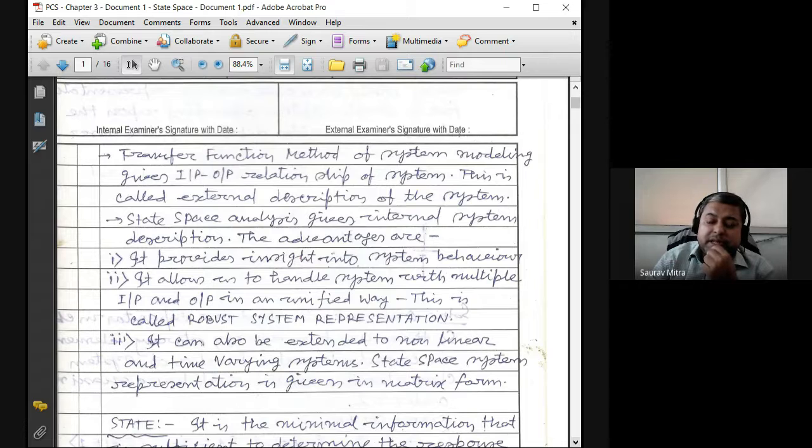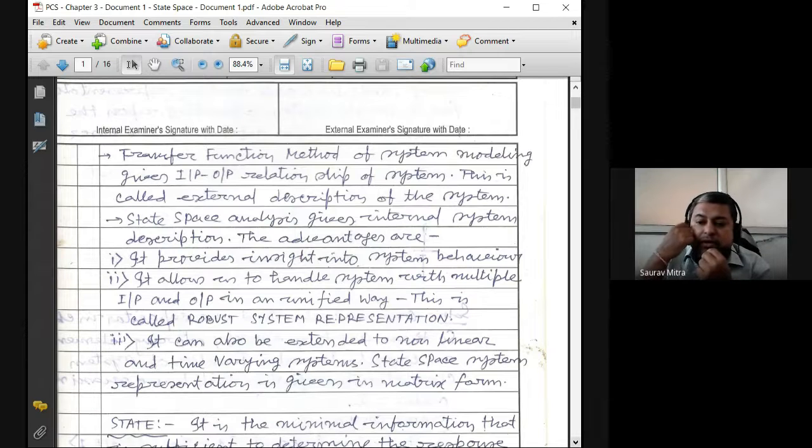One very important disadvantage of transfer function based system modeling is that it can only model when the initial conditions are 0. There is y(t), there is x(t). x(t) is input, y(t) is output. What is meant by initial condition? If you are talking about a capacitor charging, it is charging from 0 volt and it will go to the final value, but it is not necessary that the capacitor's initial voltage will always be 0.